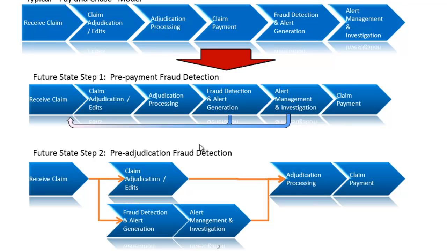While you are doing the adjudication, you run your fraud detection and alert generation engines simultaneously. You create alerts, manage them and investigate, then complete the adjudication processing, and finally you set aside those claims which turn out to be fraudulent or maybe abusive, and you pay the rest of the claims.